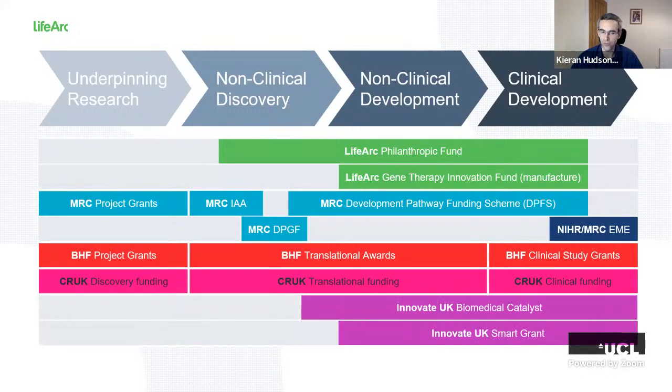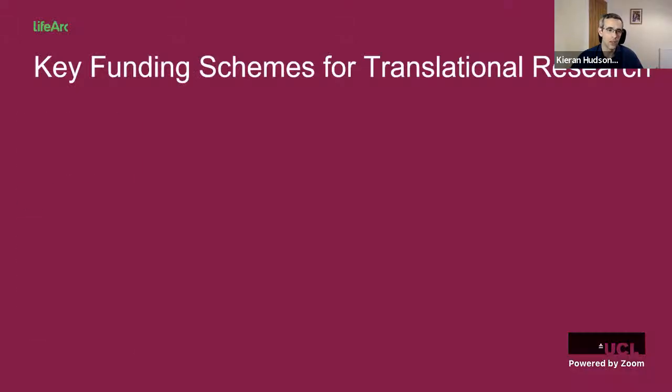And if you have industry partners, there are sources that focus primarily on funding industry. Innovate UK is part of UKRI and provides funding to industry, but often in collaboration with academics. They have a biomedical catalyst, which is a specific program for life science, but you can also get more of their general funds as well for appropriate programs.